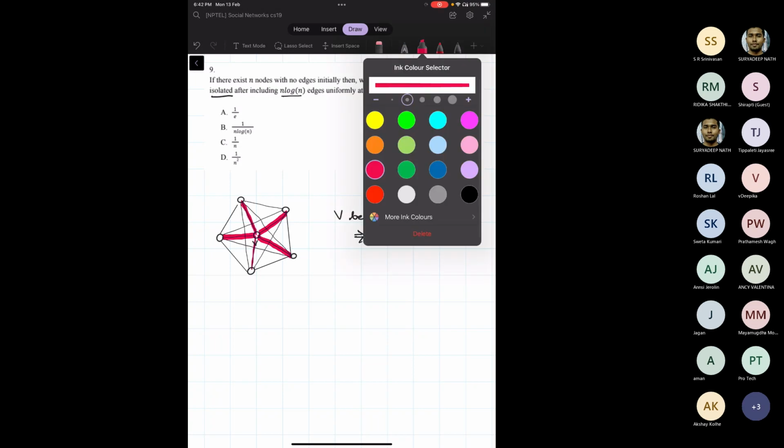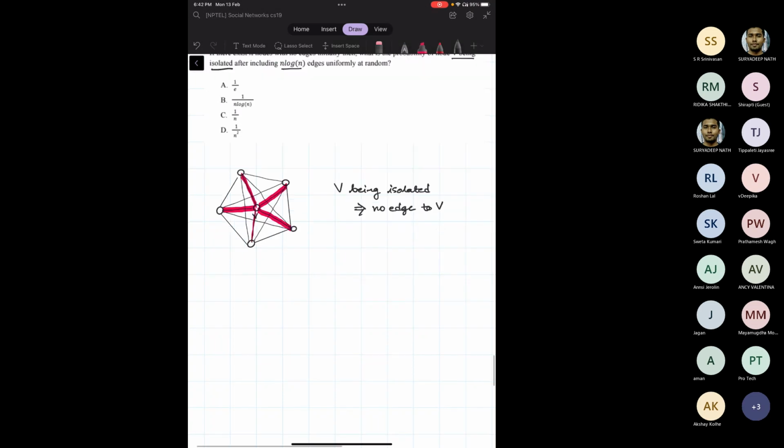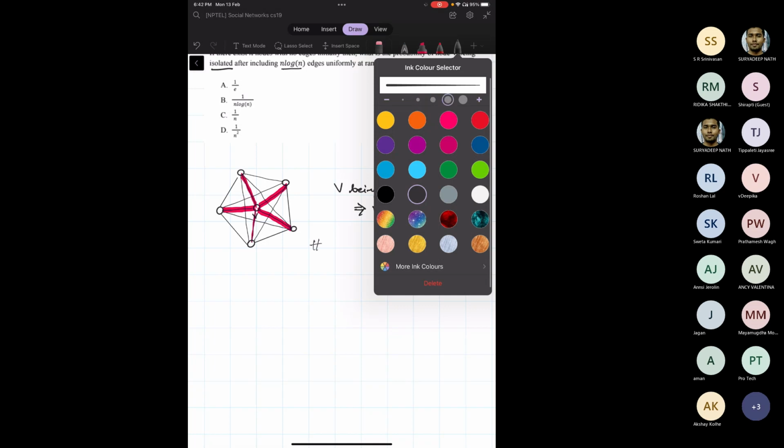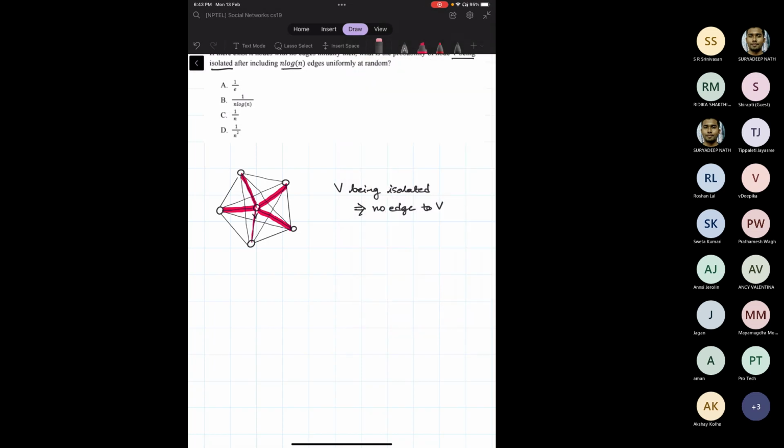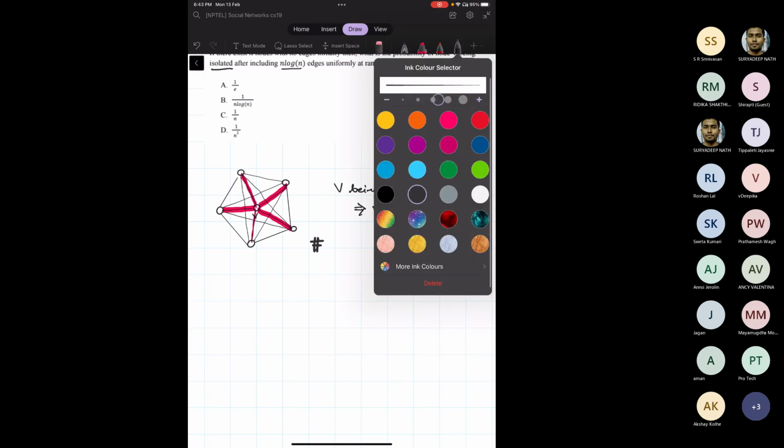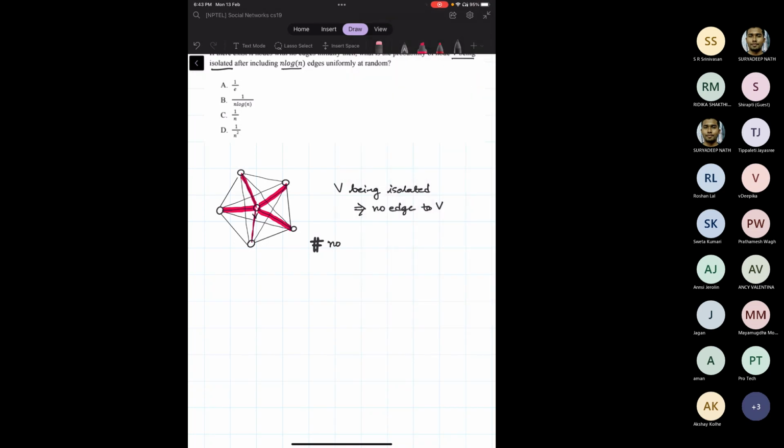So let us first do the simple case. How many total number of edges is n into n minus 1 by 2. And how many edges connect to V?